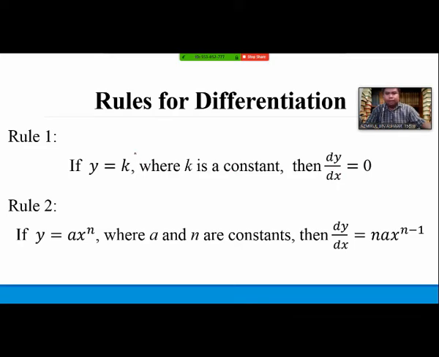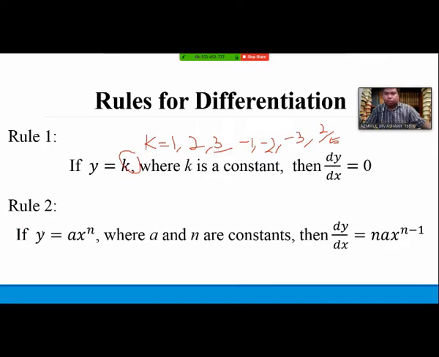Okay, what is the meaning here for k? k can be either 1, 2, 3, also can be -1, -2, -3, or it can also be 2/5, where it is a constant, so dy per dx equal to 0. Any number of k, when differentiated, becomes equal to 0.